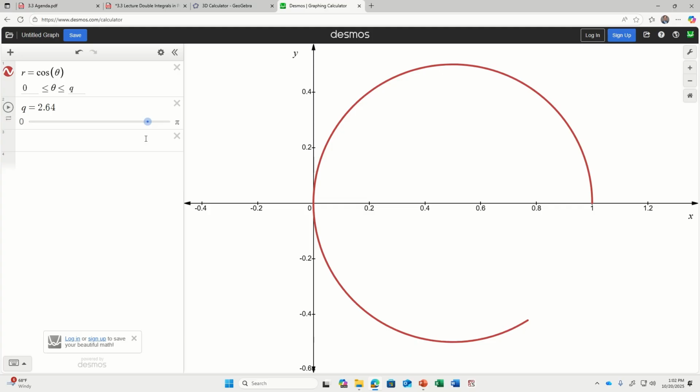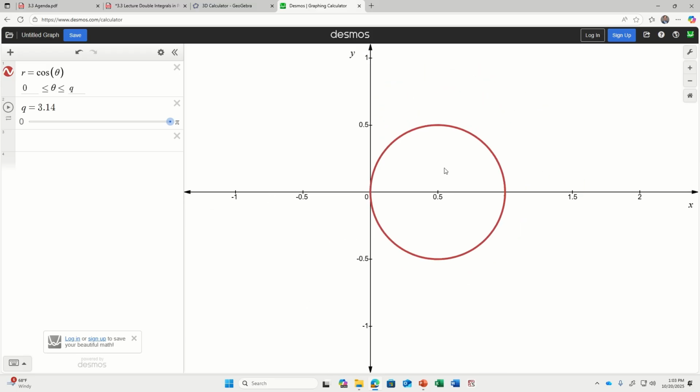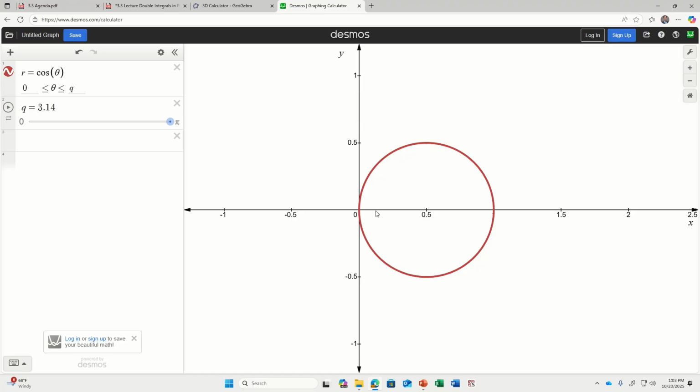So it's going to complete the circle when the values of r are negative because the values of the cosine are negative. And whenever theta is pi, cosine of pi is -1. Even though theta is pointing in the negative x direction, because r is -1, it brings me back full circle. So if I say r equals cosine theta, it's going to give me this circle with diameter 1 in the right half of the plane.